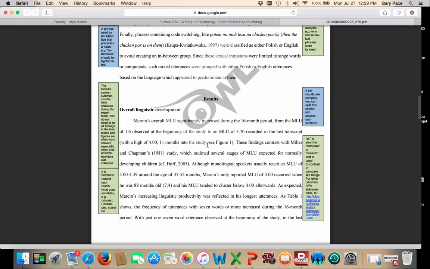So you would explain something like, figure 1 shows that during baseline conditions, Billy was out of his seat on average 25 times in a 1-hour observation period or something.